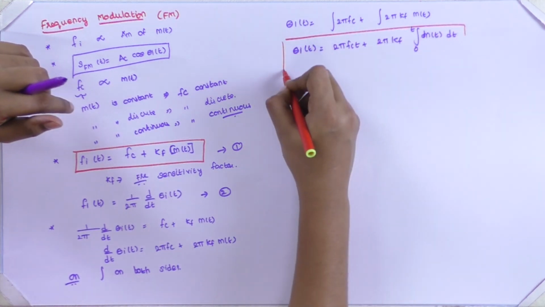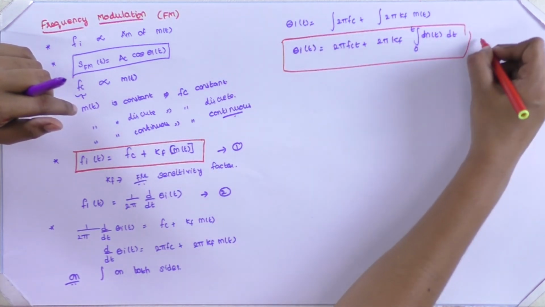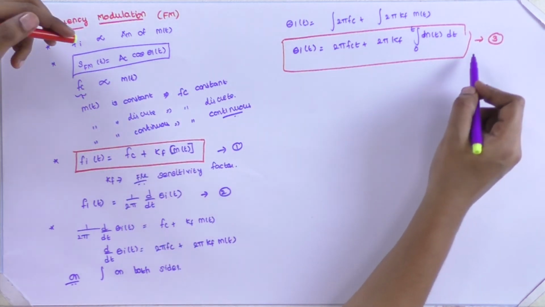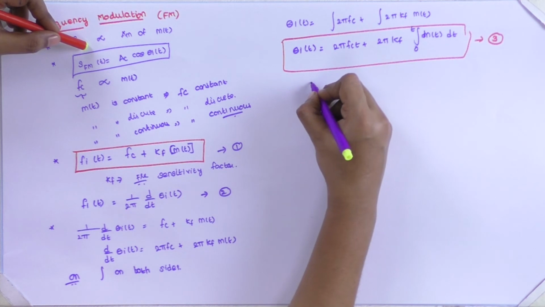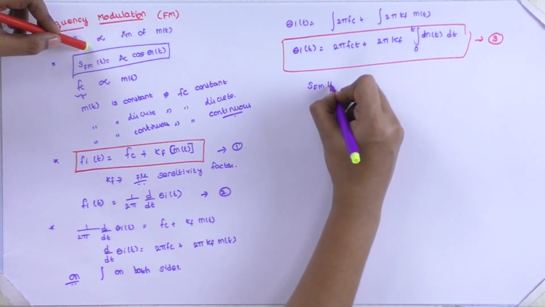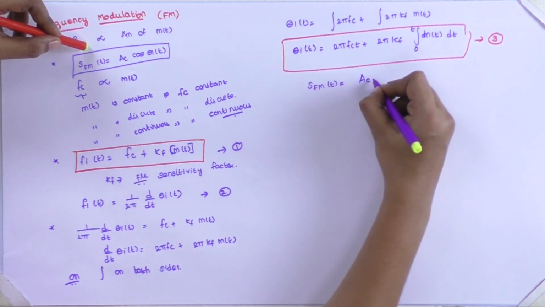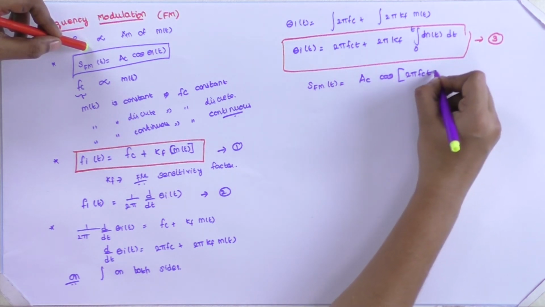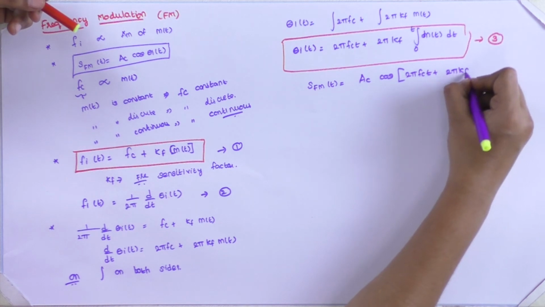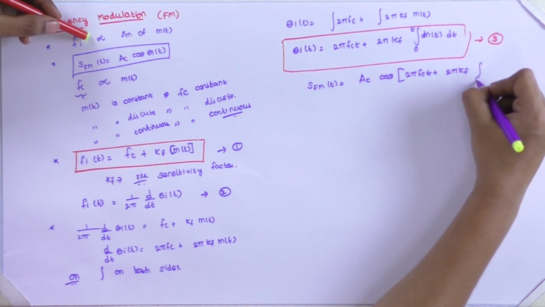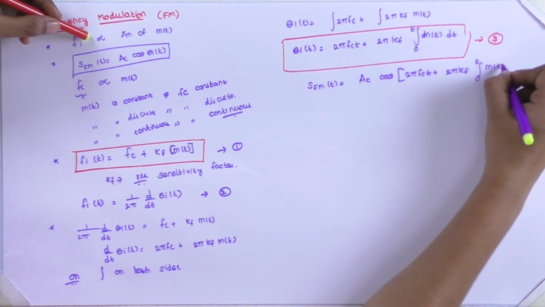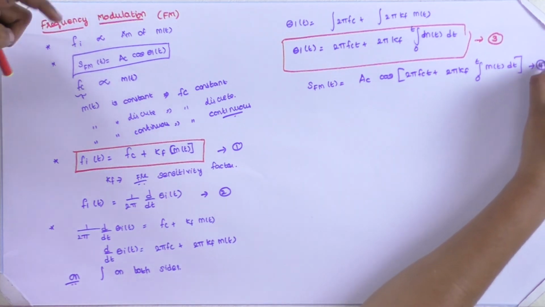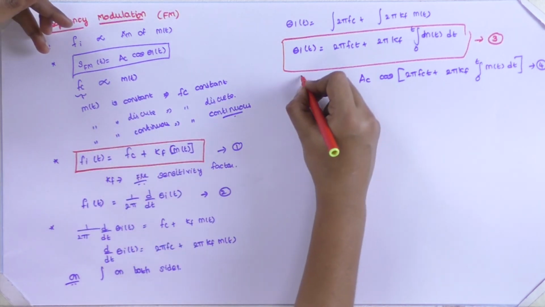This is our instantaneous phase. Now we substitute our instantaneous phase in the modulated signal S FM of t. This is given by Ac cos of 2 pi Fc t plus 2 pi Kf integral from 0 to t of m of t dt. So this is our final expression for frequency modulation.